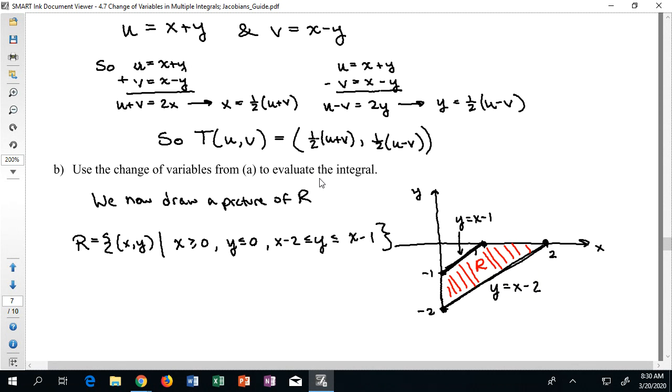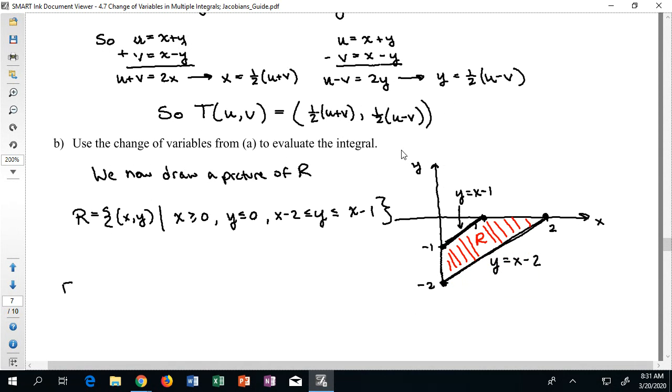That completes step 2. For step 3, following the box above, I'd want to go to my transformation and confirm that it is indeed a C1 transformation. Let's quickly look. My transformation here has these values for x and y. If I take a look at the x formula, the partials of this are definitely continuous because this is a polynomial. Same thing over here.